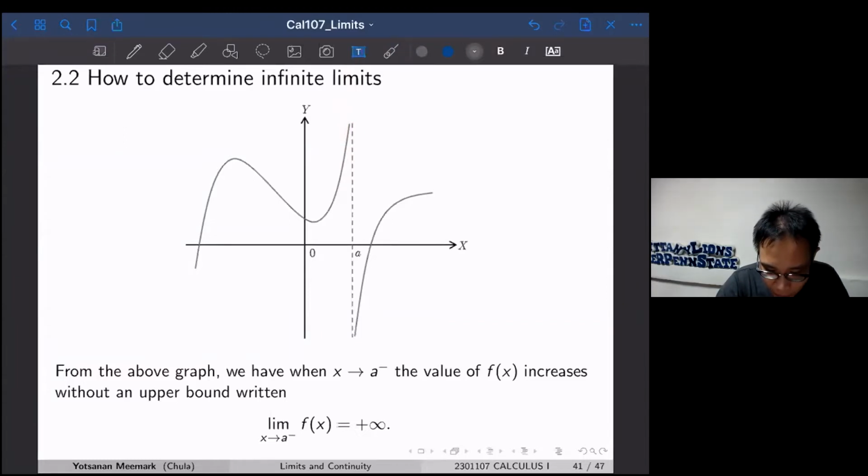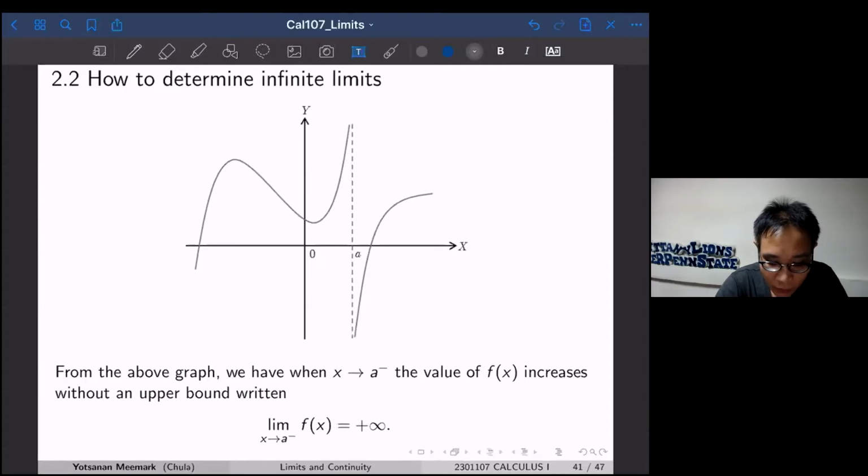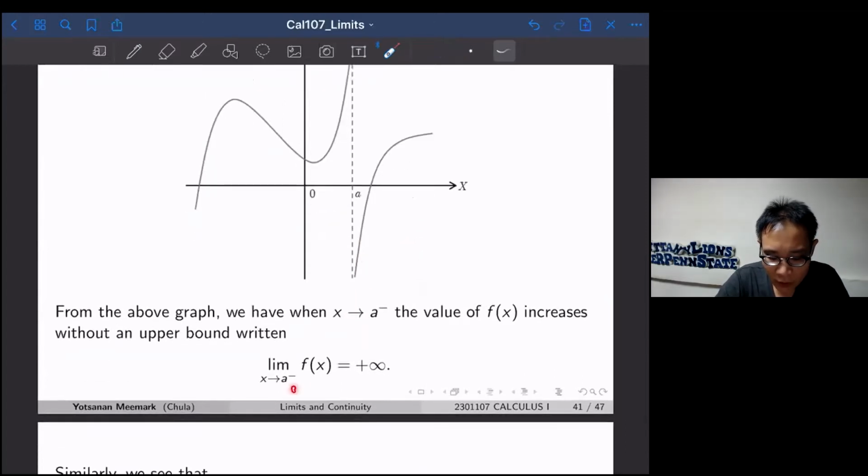And from this picture also, if x approaches A from the right side, you're going to see that your function becomes lower without a bound. So it's going to be very large negative in this case. The notation that we shall use to say this from the graph will be limit x goes to A from the left of f(x) is equal to positive infinity.